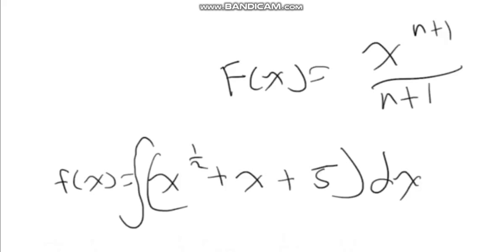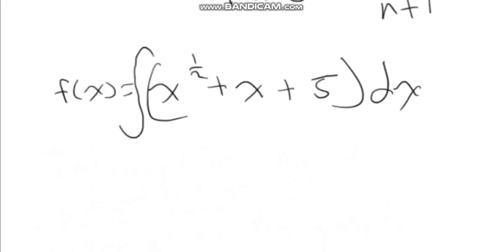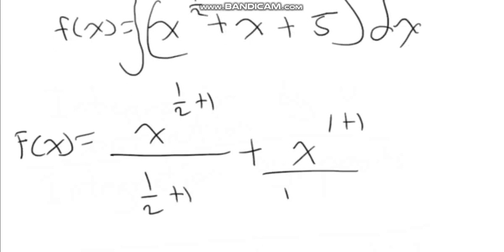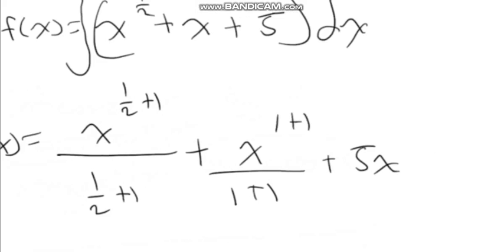We are going to have big F of x is equal to x to the power of 1/2 plus 1 over 1/2 plus 1, plus x to the power of 1 plus 1 over 1 plus 1, plus 5x. And don't forget this constant c.